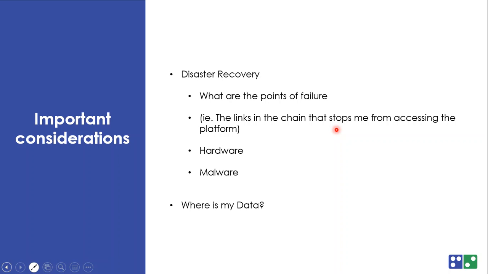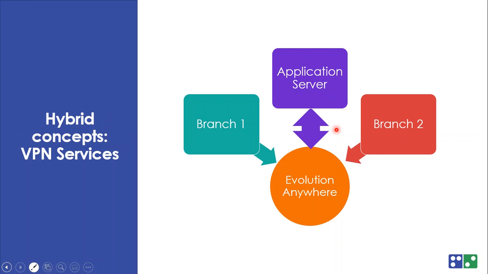And the place to begin here would be hybrid cloud concepts, and this is where you use the cloud or the internet in a portion of the solution, but not everything is up in the cloud. Something we're having a lot of success with at the moment is something called Evolution Anywhere. This is 4-stage evolution, and this is a VPN service. It's basically your middleware and your VPN in one.